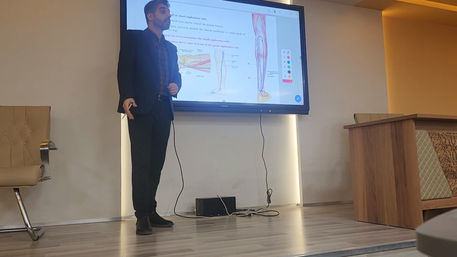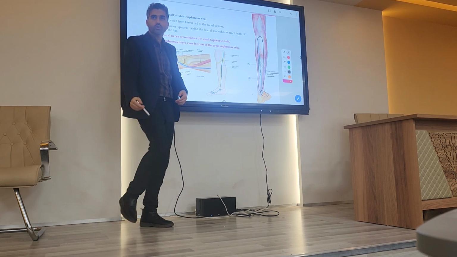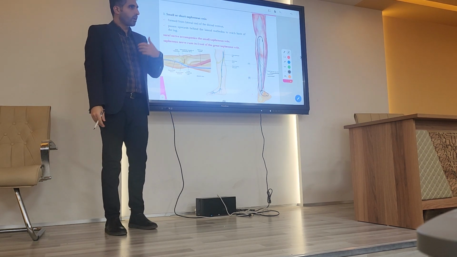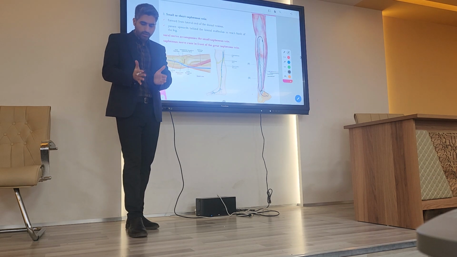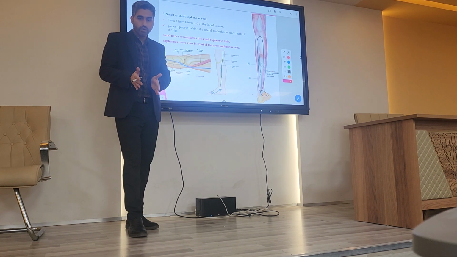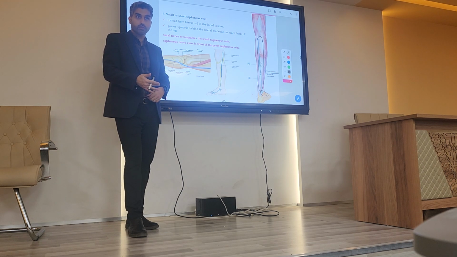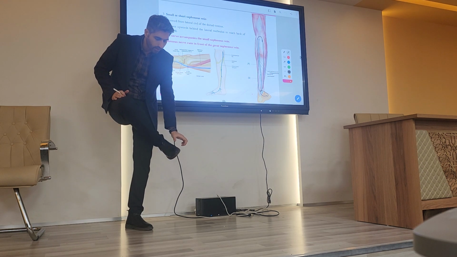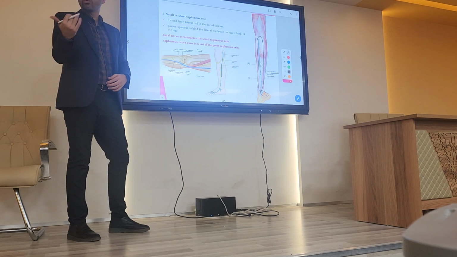What is the sensory nerve for the lateral side of the foot? Sural nerve. I can ask this question in another form. What is the sensory nerve for the most medial side of the foot? Saphenous. The most medial side of the foot, saphenous. The most lateral side of the foot, sural nerve.